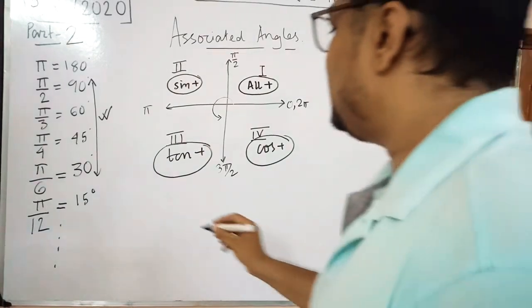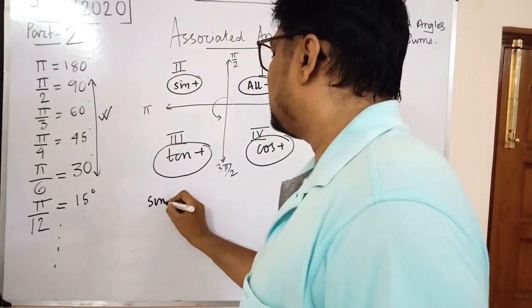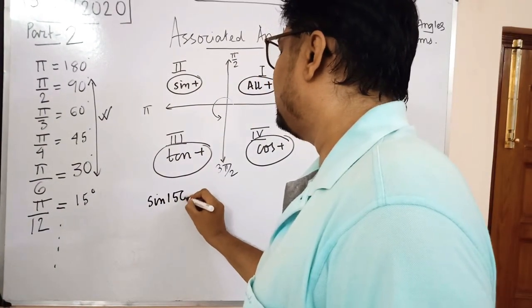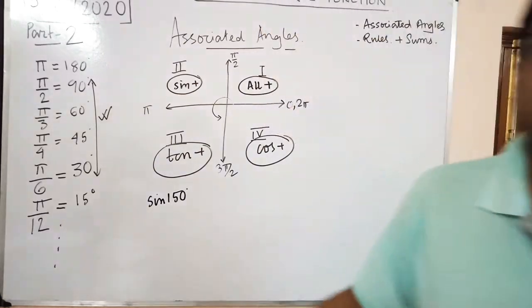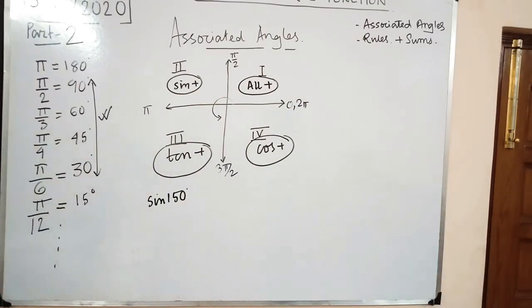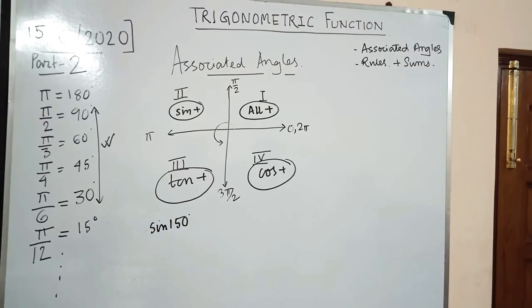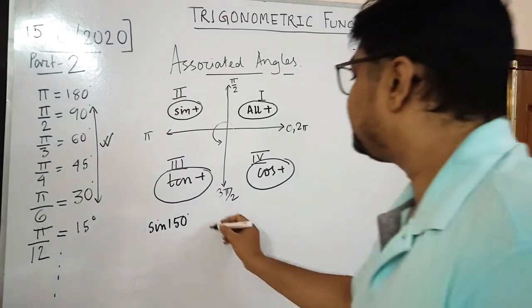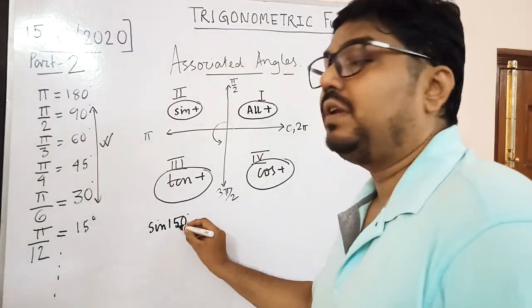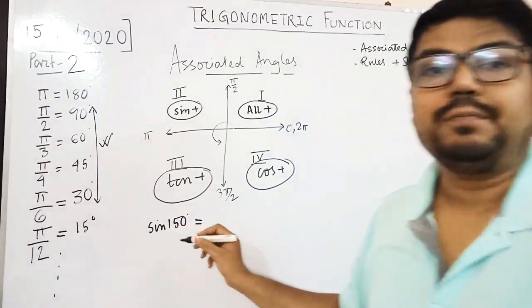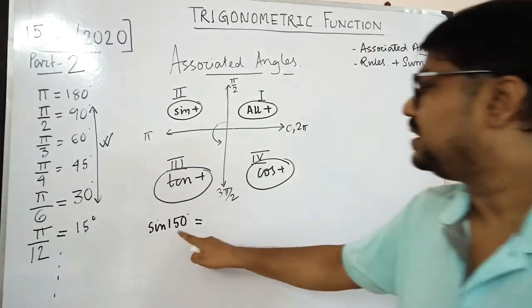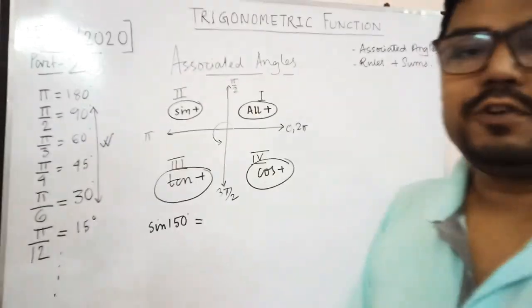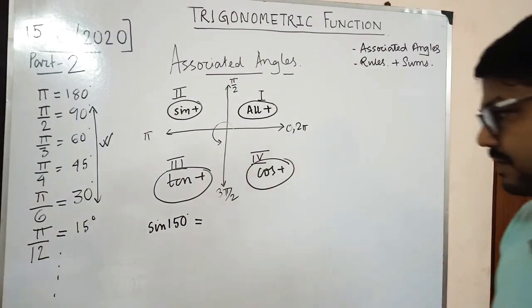Say I write sin 150 degree, as I was showing you. The first important idea that comes to our mind is that it will be positive. Why positive? Because 150 degree lies in the second quadrant. So sin 150 degree will be overall positive.